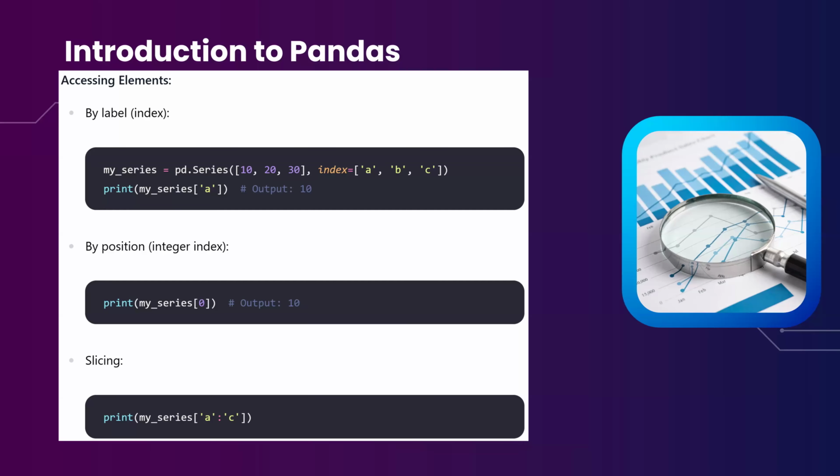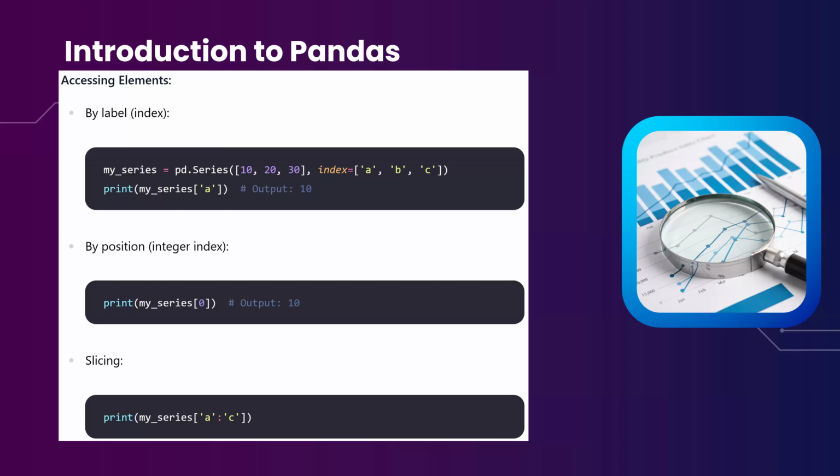As we can see, a variable named series is equal to pd.Series. The data set has 10, 20, and 30. And then we are indexing, so index is equal to A, B, and C. So automatically A matches 10, B matches 20, and C matches 30.